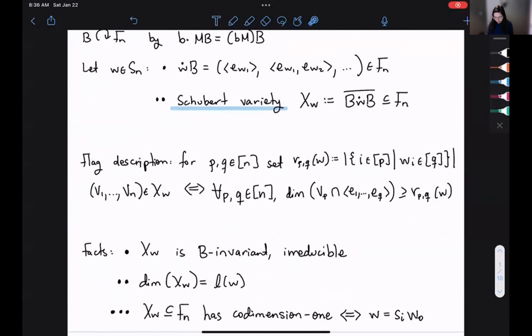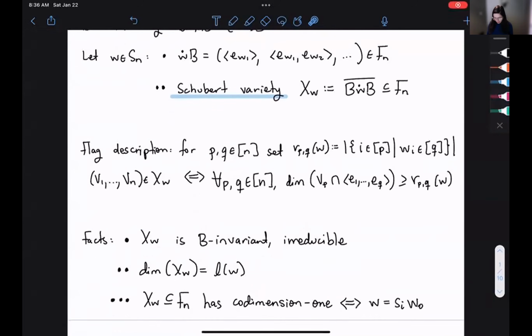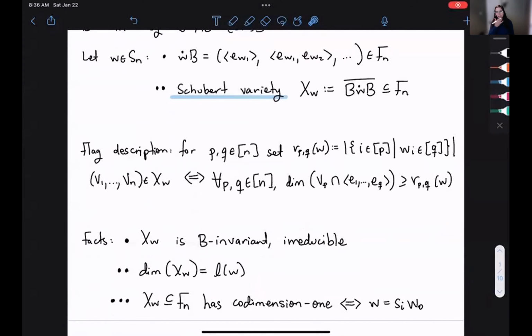Now, combinatorially, if you want to compute the dimension of a Schubert variety, you just look at the length of your permutation, or in other words, the number of adjacent transpositions. And something that will appear later as we're comparing Schubert varieties and Hessenberg varieties is that codimension one ones will be what we look at most.